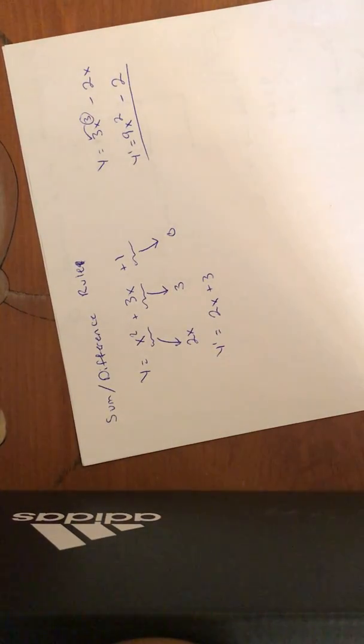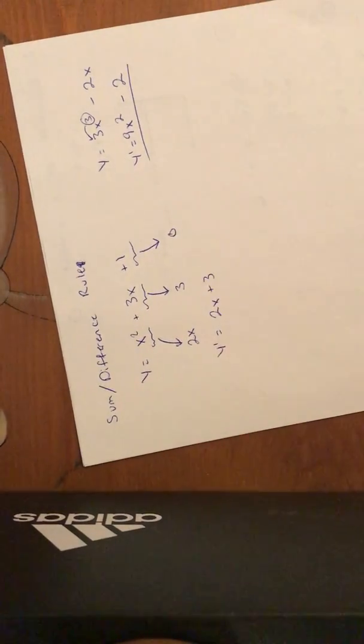The next rule is called the product rule, which is a little more complicated.